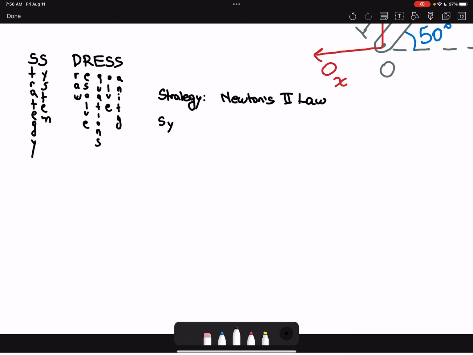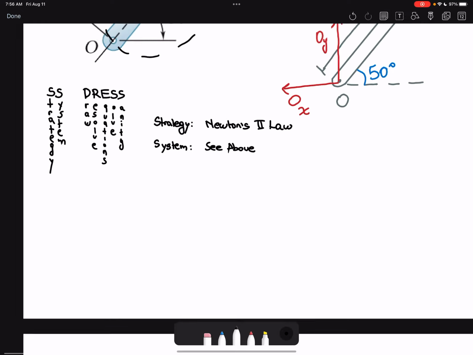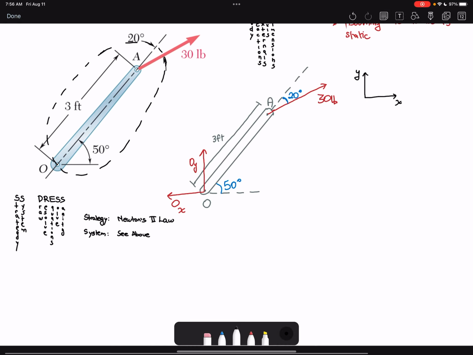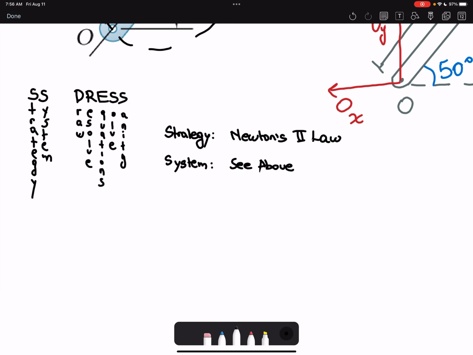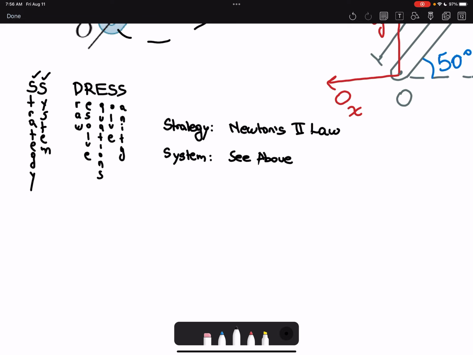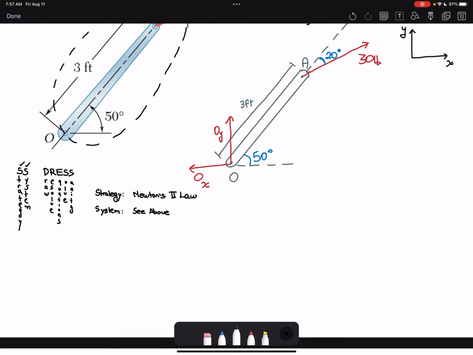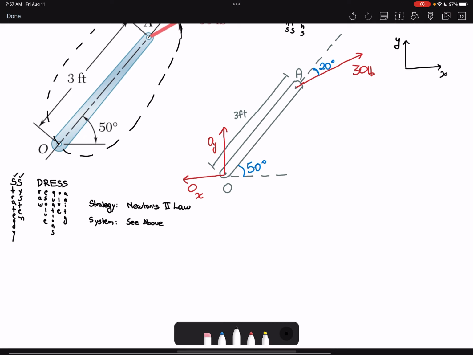Now the system, see above, it's what we drew over here, right? This is our system. So we've got these two parts right here. Now what else? Draw, that's the drawing once we figured out the system.